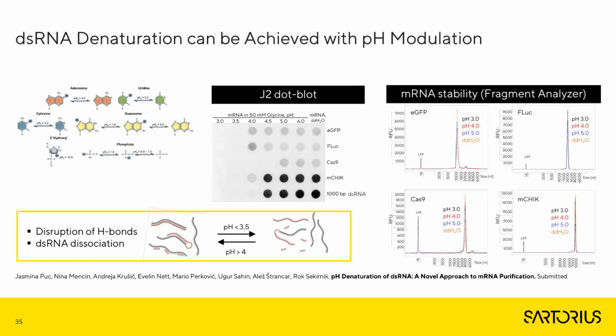And this is exactly what we were able to show by any double-stranded RNA detection technique, either J2 dot plot or other newer kits. And we were also able to show that by doing this in a relatively short space of time, we do not impact the integrity of RNA.